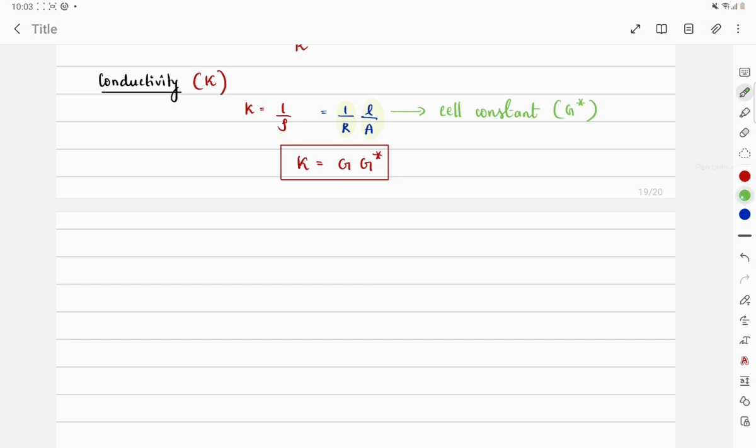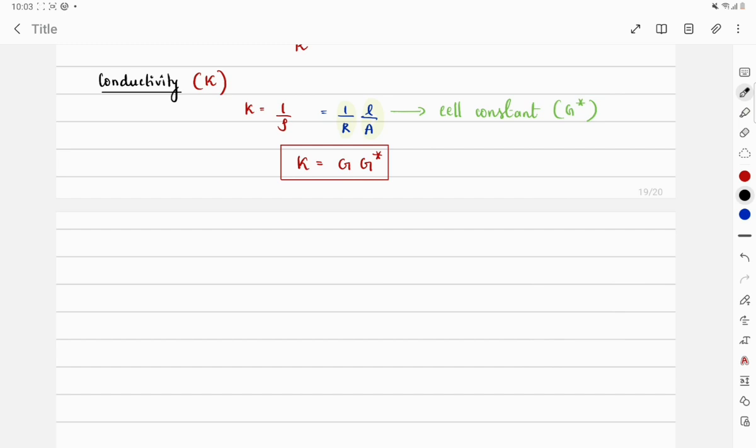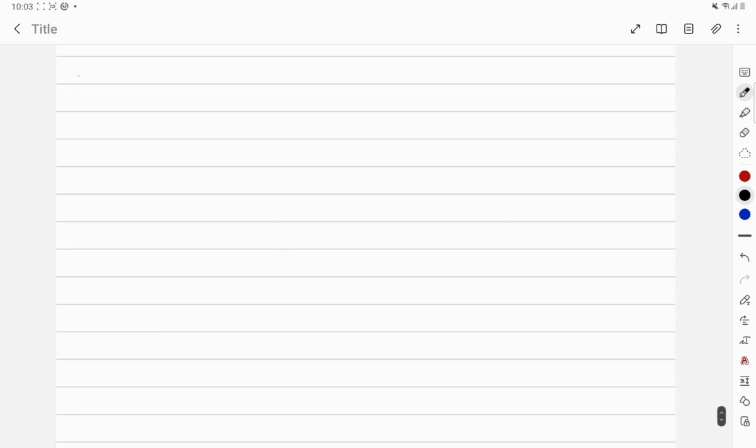Now we have learned conductivity. The next thing which is closely related is molar conductivity, and it is an important topic. Just by the name you can guess the definition.